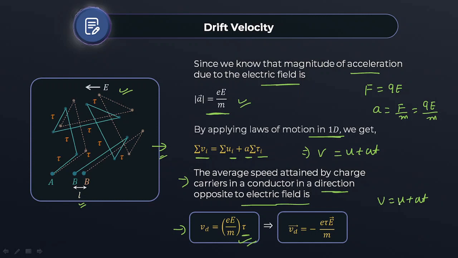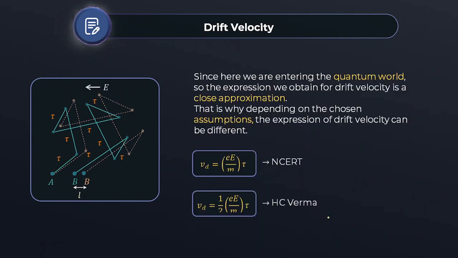They all were moving in random directions, so net displacement was 0, or initial average velocity was 0. So when we apply the electric field, it will be equal to acceleration into time, which is tau. Acceleration is qE by m, into tau. So we can write drift velocity in vector form as equal to e tau electric field divided by m. Now electron has negative charge, so we can take care of direction, right?